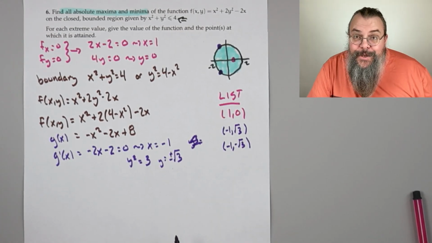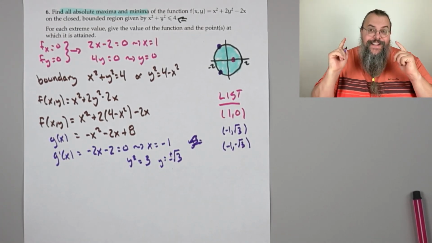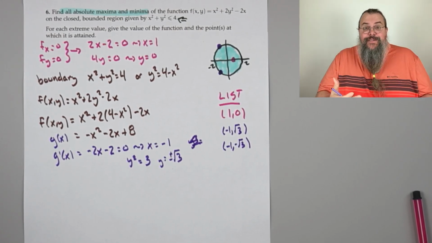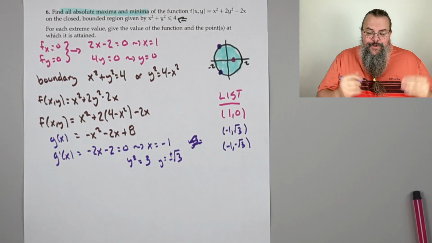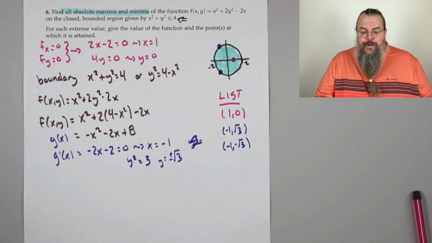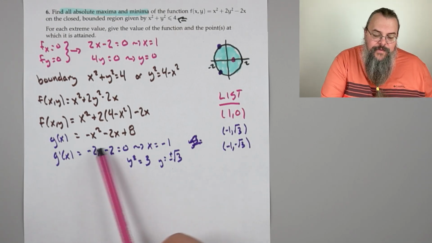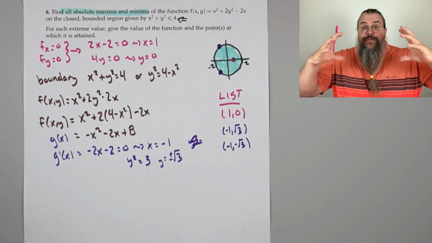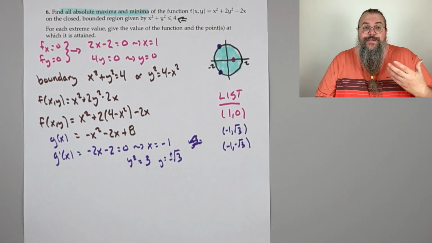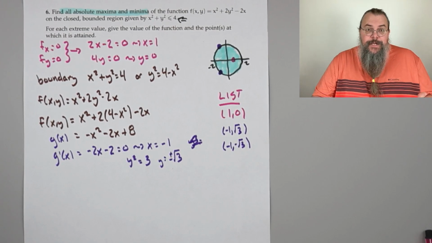Are there any other points to include? And the answer is yes. And here's the point where there's some subtlety. So be careful here. What's our subtlety? Notice that this function only makes sense for our region. That's all we care about. Where is this region going between?